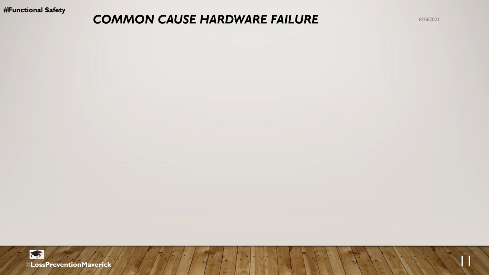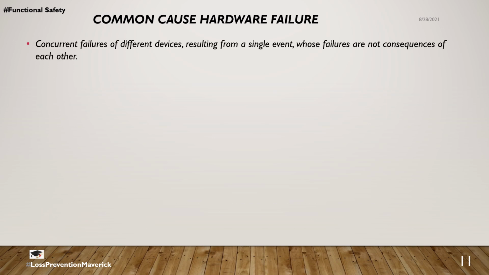So moving on from the random hardware failure, we've now come to common cause hardware failure. Let's look into the definition of common cause hardware failure, which reads that it is the concurrent failures of different devices resulting from a single event whose failures are not consequences of each other.